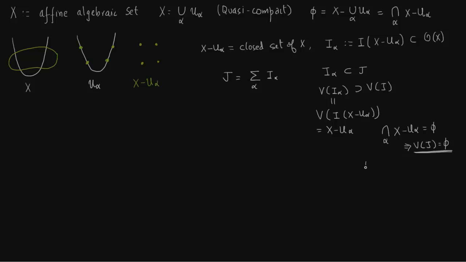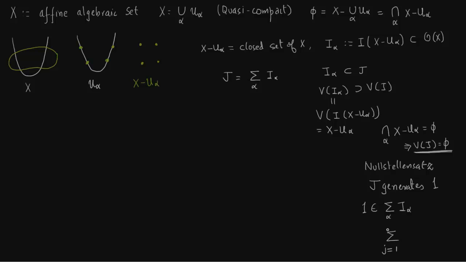If the vanishing set of an ideal is the null set, that means that ideal generates the entire ring. So the entire ring O_X, which is associated with the affine algebraic set X, is generated by the ideal J, or J generates 1. Now if it generates 1, that means 1 is an element of this set. Here we are saying that alpha could be anything, but in rings you have to give precise meaning.